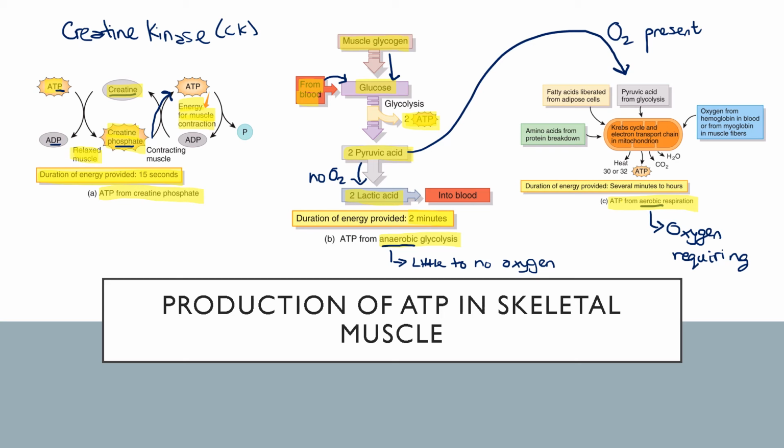So in the mitochondria, aerobic respiration occurs, and aerobic respiration is the series of oxygen requiring reactions. So this is going to be the Krebs cycle. I'll just put this down here, but we will go over this a little bit later, especially when we go through metabolism. But the Krebs cycle and the electron transport chain.